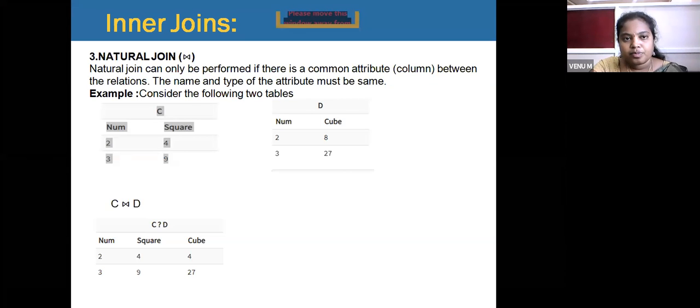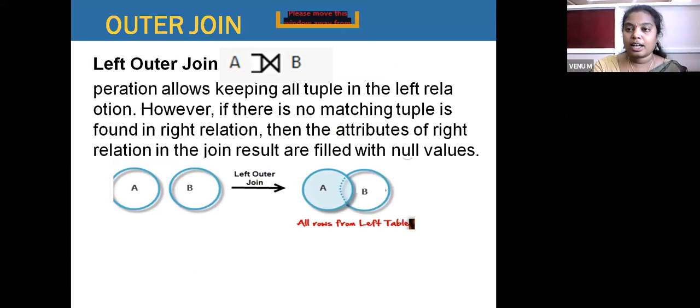So next, what are the types of outer joins? The types of outer join are left outer join, right outer join, and full outer join. What is the output for left outer join? We know what a join is and what the conditions are. Based on that condition, we have to display the result.